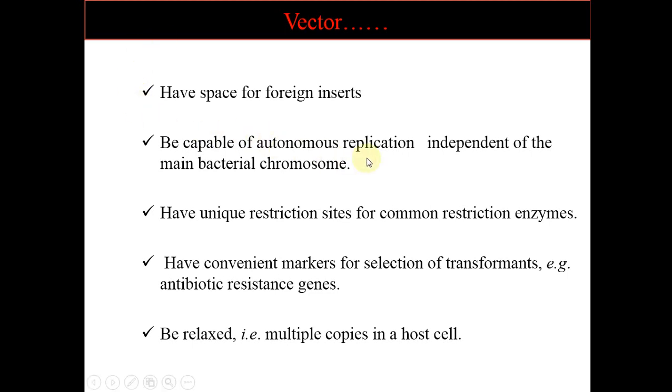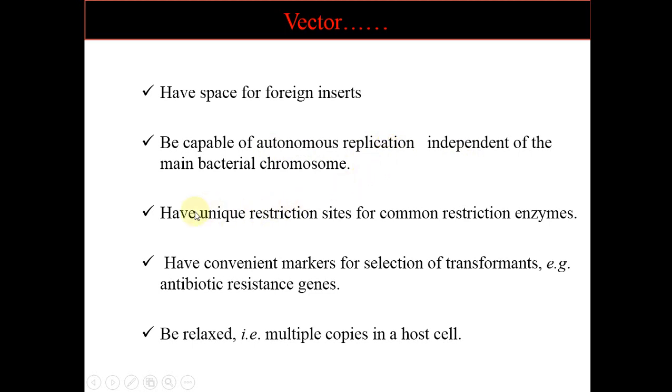Vector DNA should replicate independently so as to have multiple copies of vectors produced per cell. एक सेल में मल्टीपल कॉपीज प्रोड्यूस होनी चाहिए, इसलिए ऑटोनॉमसली रेप्लिकेटिंग वेक्टर होना चाहिए.